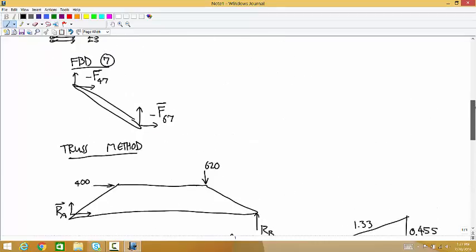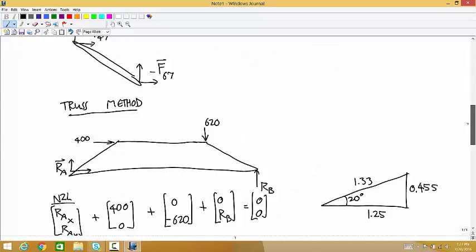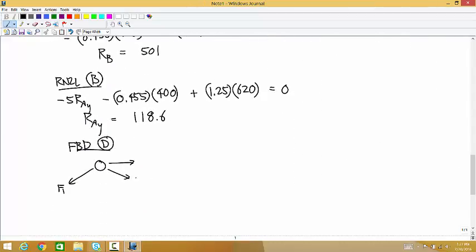F1, F3, and F4. And you just have to do enough of these that you have all of those variables represented.